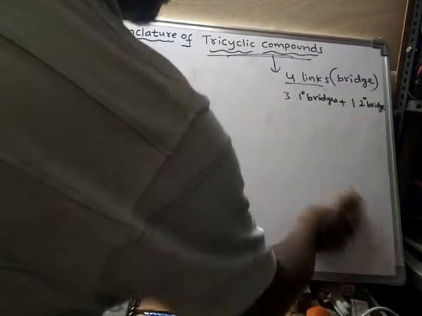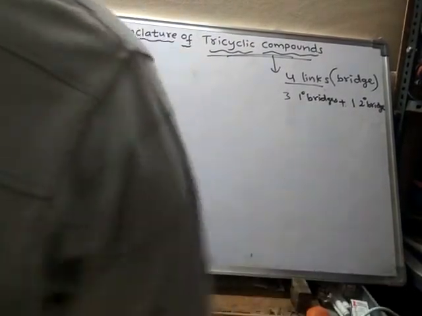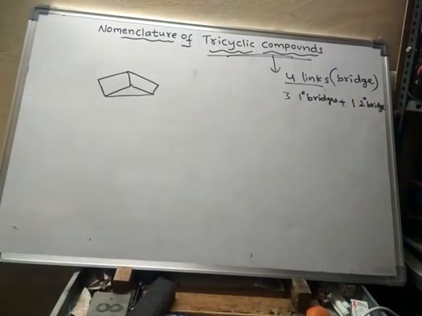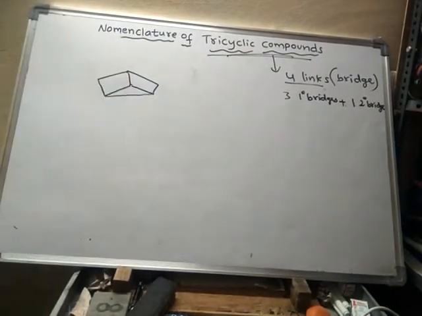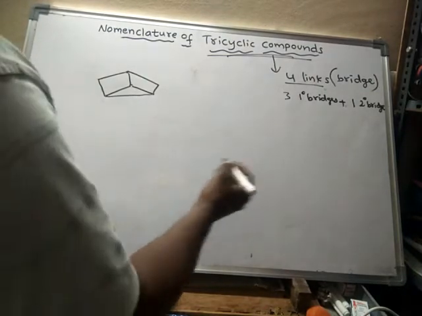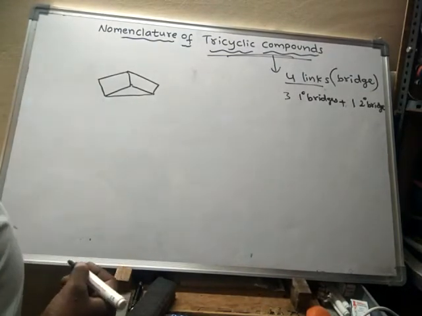Then how do we write the name of these compounds? The name is written just like the name for bicyclic compounds. In the same way, tricyclic compounds are also named, but here we have to use tricyclo as a prefix.